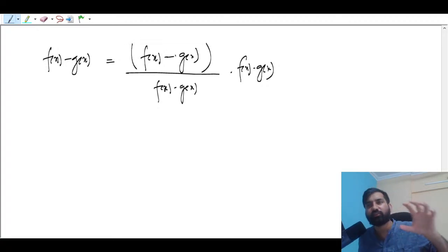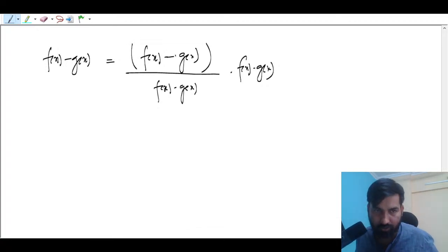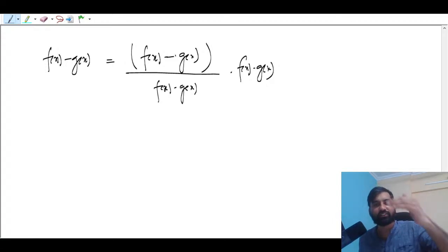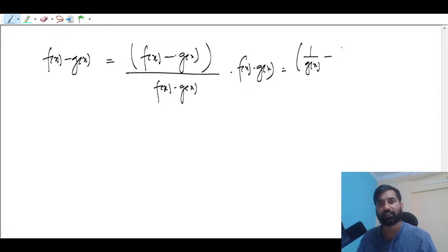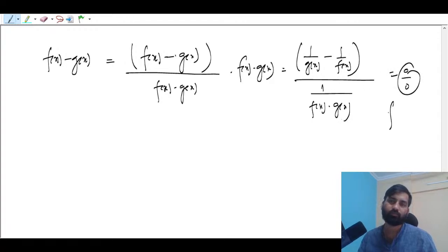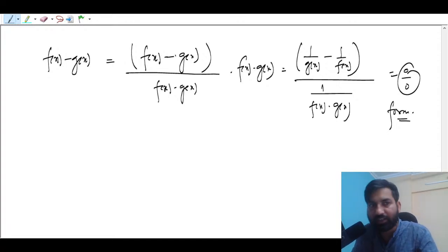Now you can simplify this and take the inverse. At the end of the day you need 1 by g(x) minus 1 by f(x) upon 1 by f(x) times g(x), which is a 0 by 0 form. So you are converting infinity minus infinity into 0 by 0. Now you can apply L'Hopital.